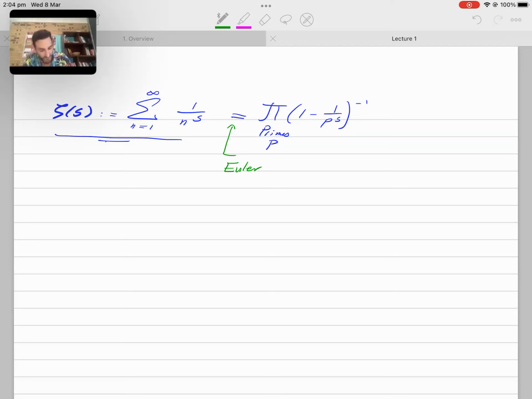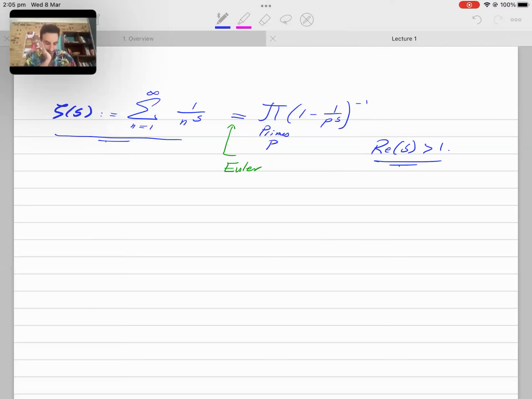But the real key insight of Riemann was that we should consider this as a function of complex variables, with real part of s bigger than 1. And one can easily check that this expression converges for real part of s bigger than 1, and that it diverges for 1 or smaller.